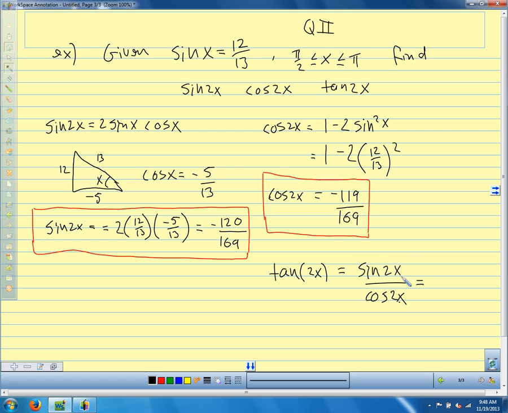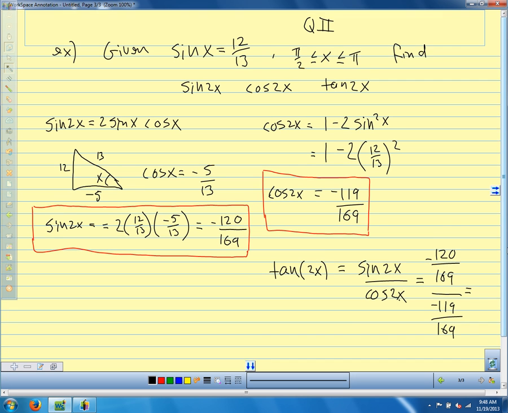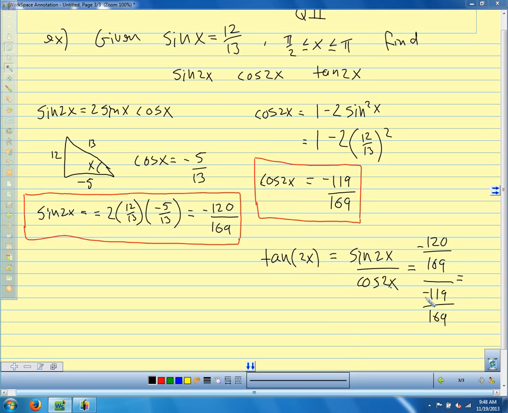So that's going to be negative 120 over 169 divided by negative 119 over 169. And what am I left with when I do that division? 120 over 119.